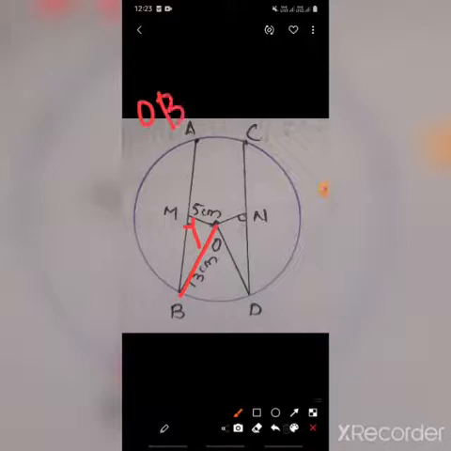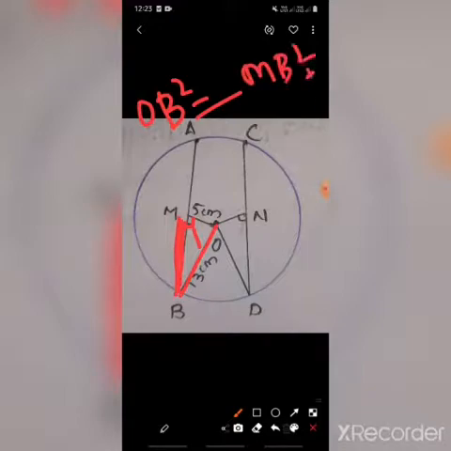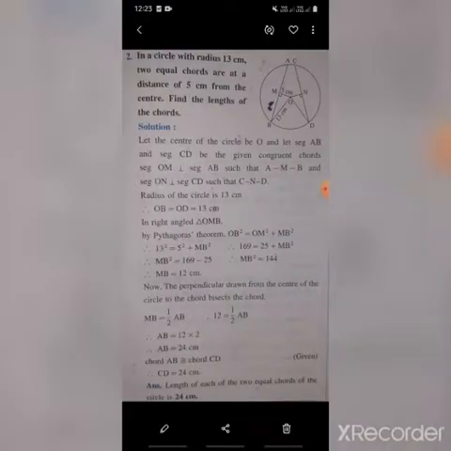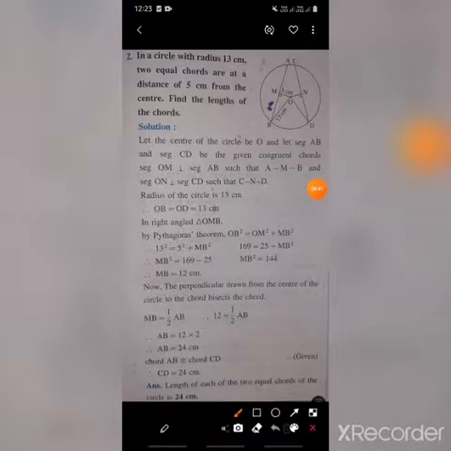So OB square is equal to MB square plus OM square. So OB square is equal to OM square plus MB square.